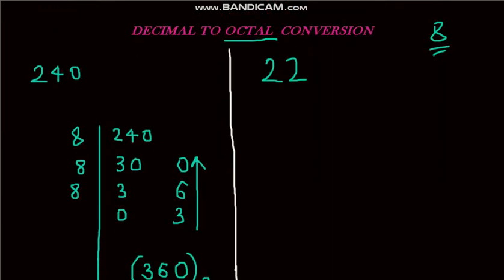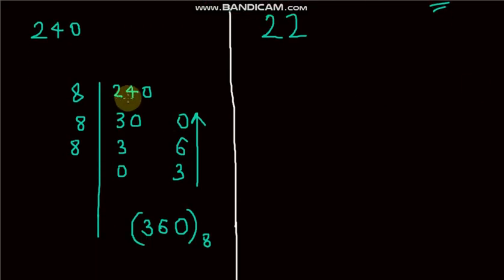So we just saw how to convert a decimal number to its octal equivalent. Let's go through it again. First we write down the number 240 and divide it by 8, and on the right hand side we write down the remainder. 240 by 8 gives the quotient 30 and the remainder 0.